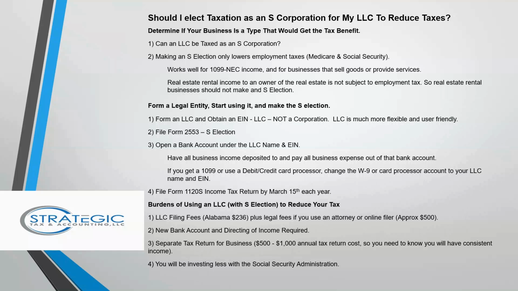As I stated earlier, I always use an LLC as my base entity because it's more user-friendly and flexible. You then, with the EIN and name of the company, file a Form 2553 with the IRS. I generally file them by fax, and so I can have a fax confirmation showing what I filed and when.